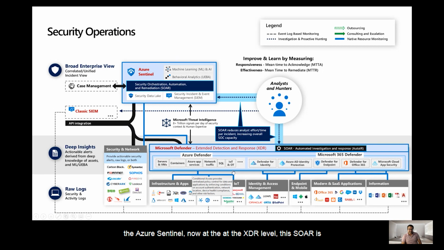At the XDR level, SOAR is more of an inbuilt solution with inbuilt automated playbooks, which Microsoft engineering has curated because of the deep understanding of the individual solutions which power the XDR, and exactly what an anomaly is, how to detect threats, how to aggregate alerts, derive an incident, and create the entire narrative and story.